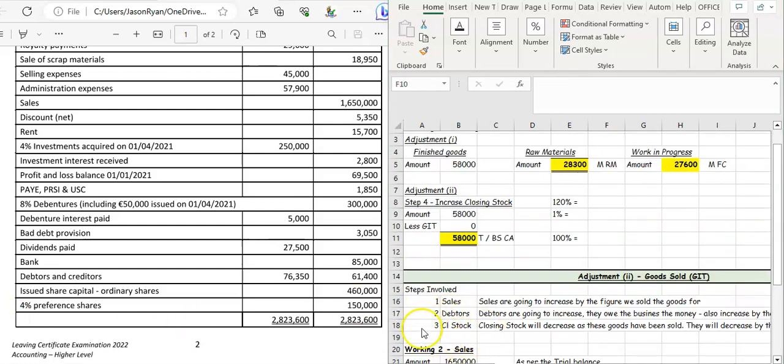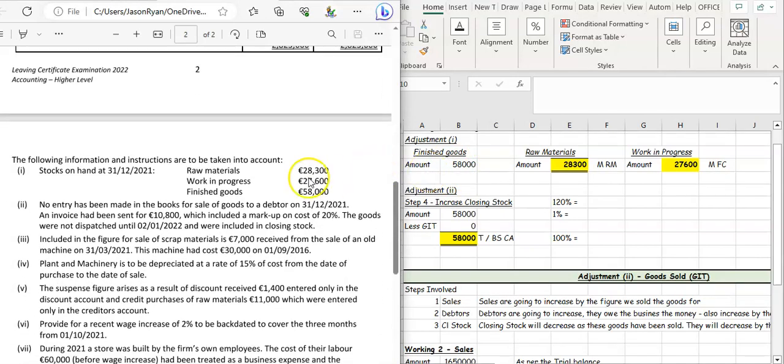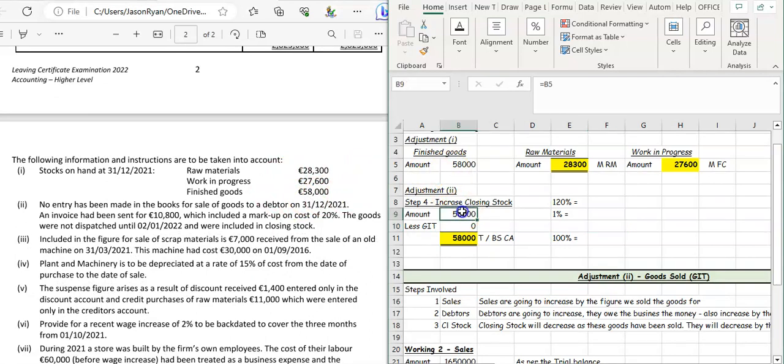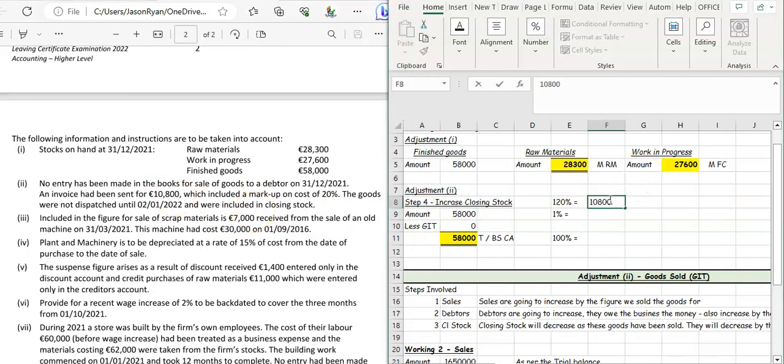The last part to be adjusted is your closing stock. We have an adjustment for closing stock so far of 58,000. That was given to us in the question in our adjustment 1. So we need to decrease this 58,000 because we sold stock that wasn't recorded. Remember, this 10,800 is equal to 120%.